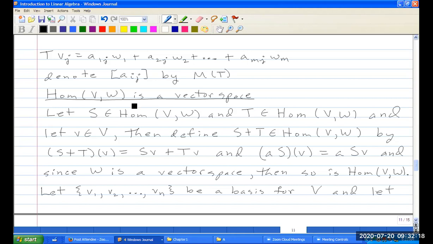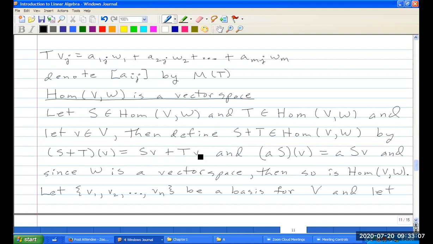Okay, so let S be a linear transformation from the vector space V into the vector space W, and let T be a linear transformation from the vector space V into the vector space W. Notice that these are the same vector spaces, and let v be a vector in V. Then we will define S plus T as a map from V into W by (S plus T)(v) is just S(v) plus T(v).